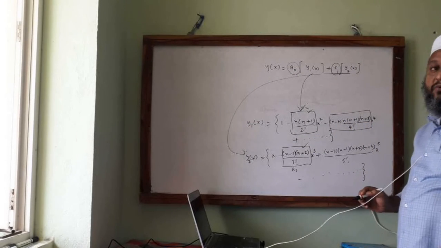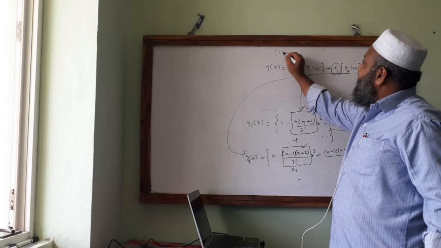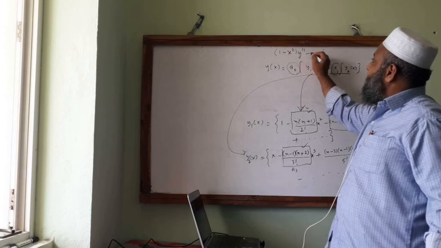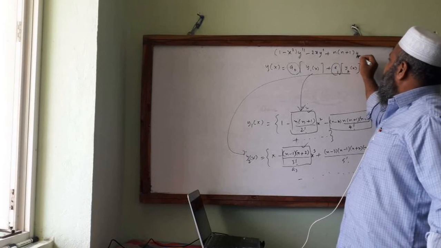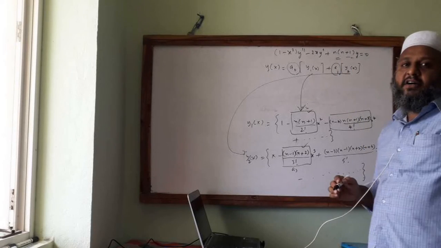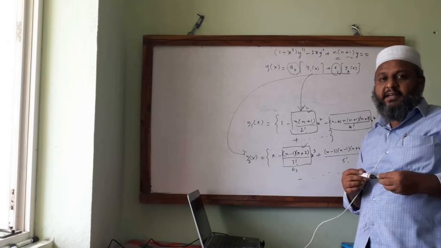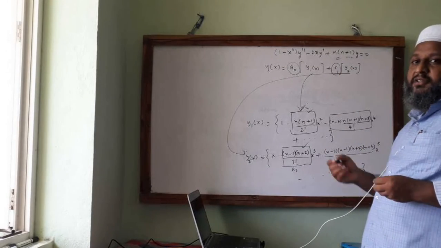Okay, now look at this main pattern, that is the Legendre's equation, plus n into n plus 1 of y equal to 0. This n is any constant, but in most practical applications n will be a positive integer.